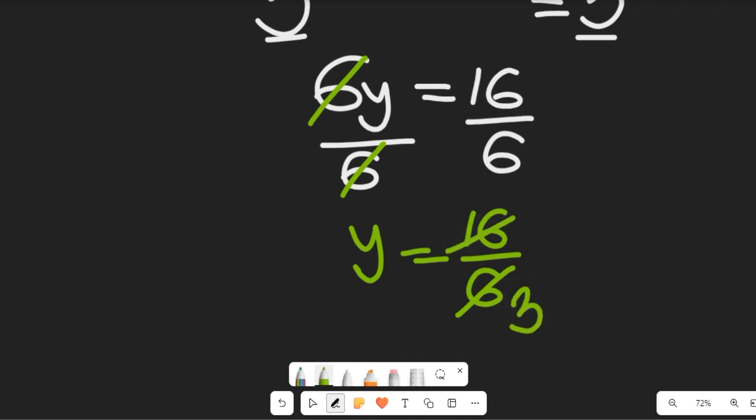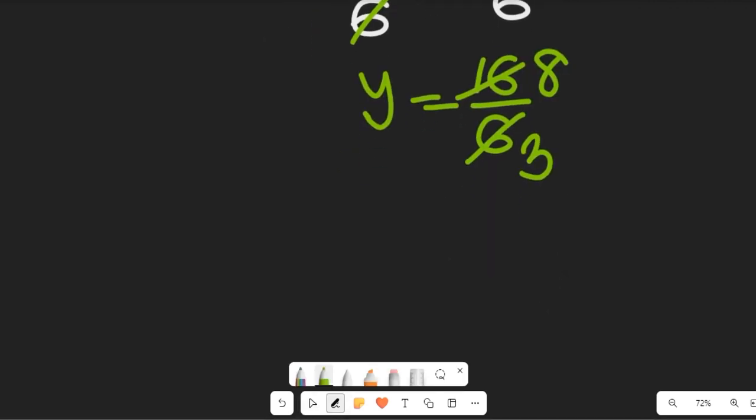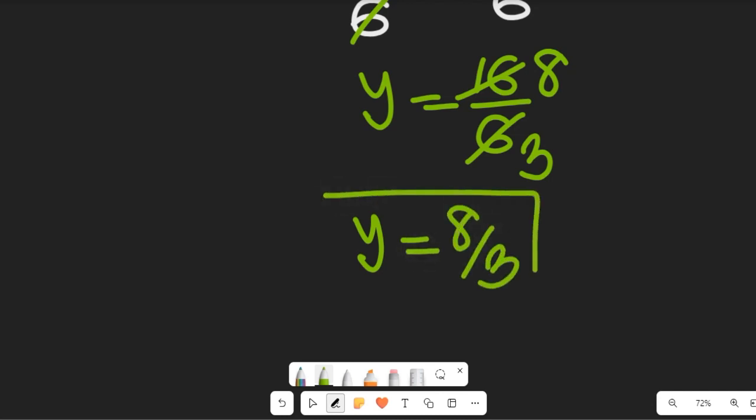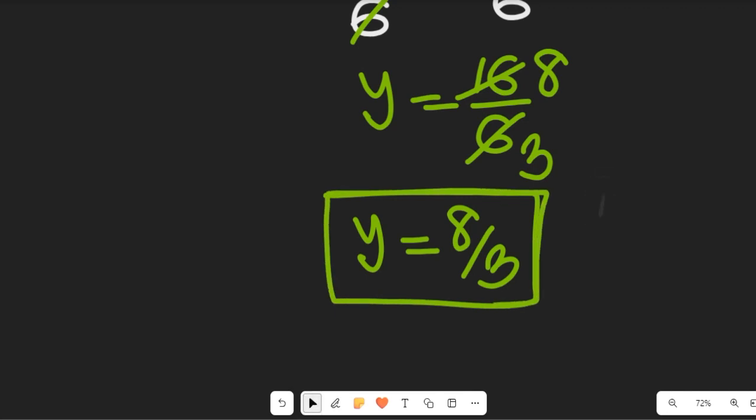So the value of our y will be equal to 8 divided by 3. And that's the solution to that expression given to us up there.